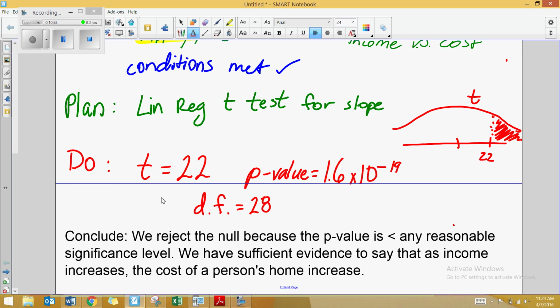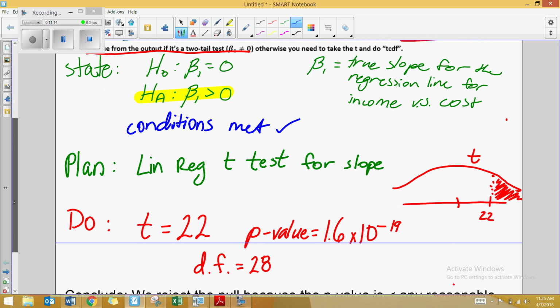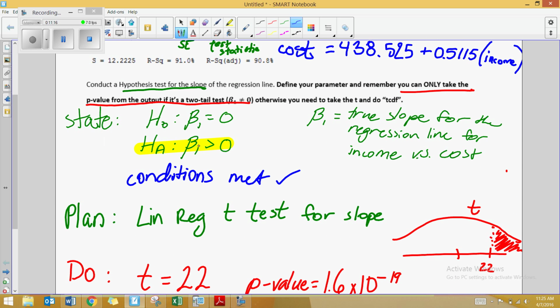Okay. So right here, this is a little bit different because we don't have that third sentence here, but I've done enough to suggest that I understand that there is a positive association, a positive linear relationship. So that's this alternative hypothesis. Beta 1 greater than 0 was my alternative.